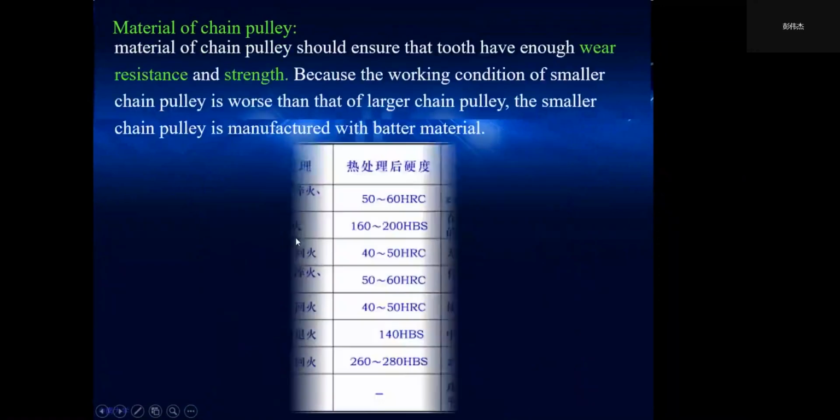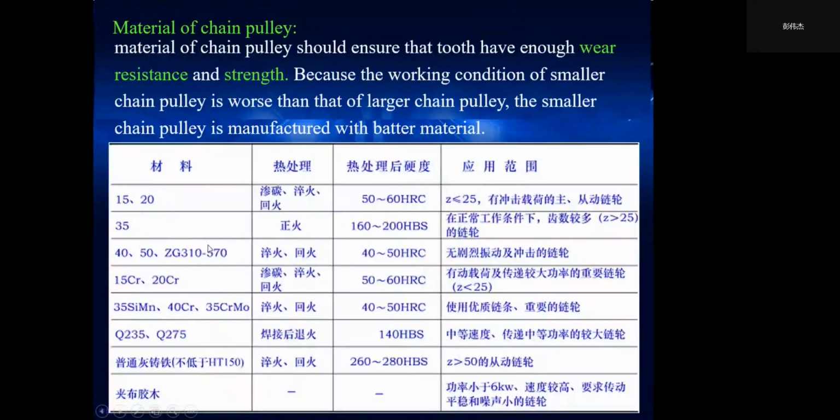And this table lists the materials of the chain pulley. The material should ensure that the teeth have enough wear resistance and strength. Because the working condition of the smaller chain pulley, or the driving pulley, is worse than that of the larger chain pulley, the smaller chain pulley is manufactured with better material.